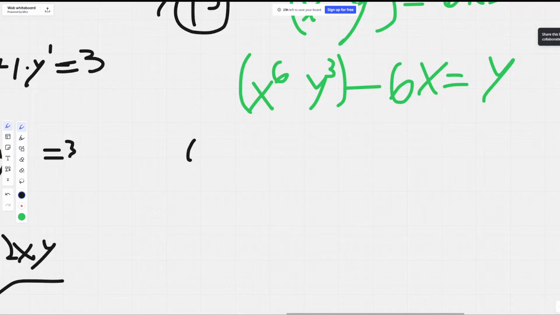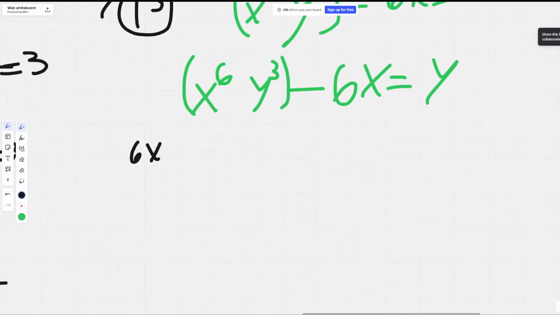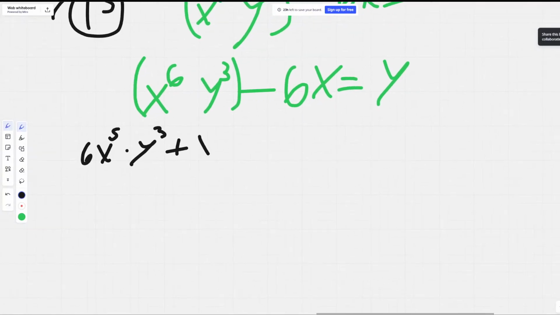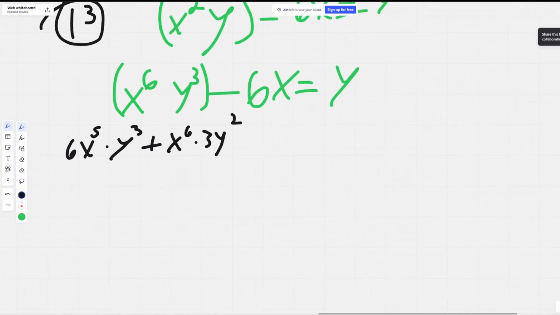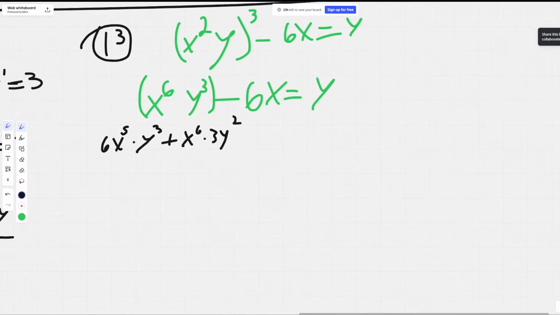Product rule: x to the 5th times y cubed plus x to the 6th times 3y squared times y prime minus 6 equals 1.